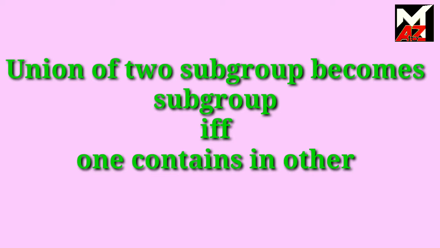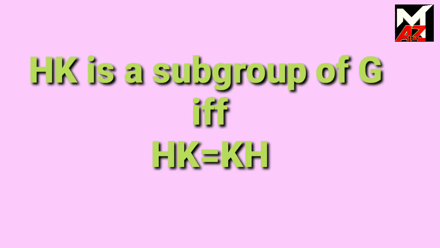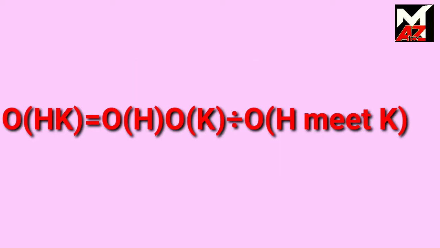And we also know under what condition the union of two subgroups becomes a subgroup of the group. Now in this class we define another type of set operation between two subgroups of a group.